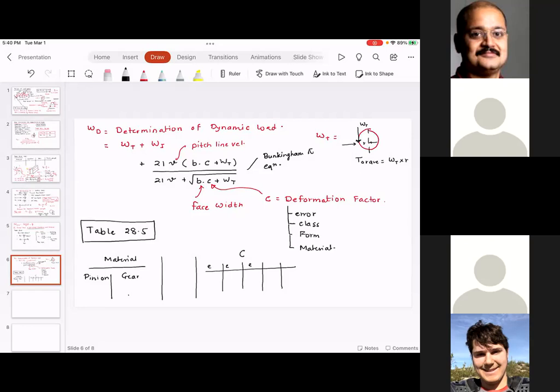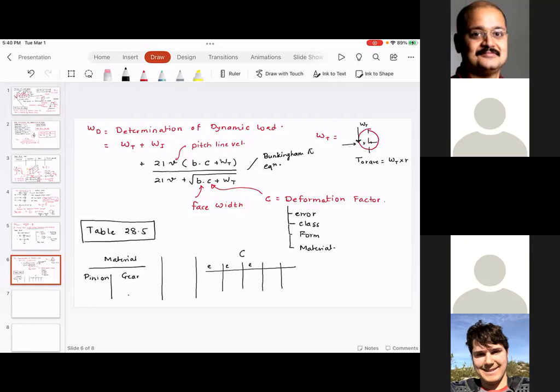If you use a cutter with minimal error, then your deformation factor is going to be low. If you use a cutter that is worn out, or that has more error, then your deformation factor is going to be large.